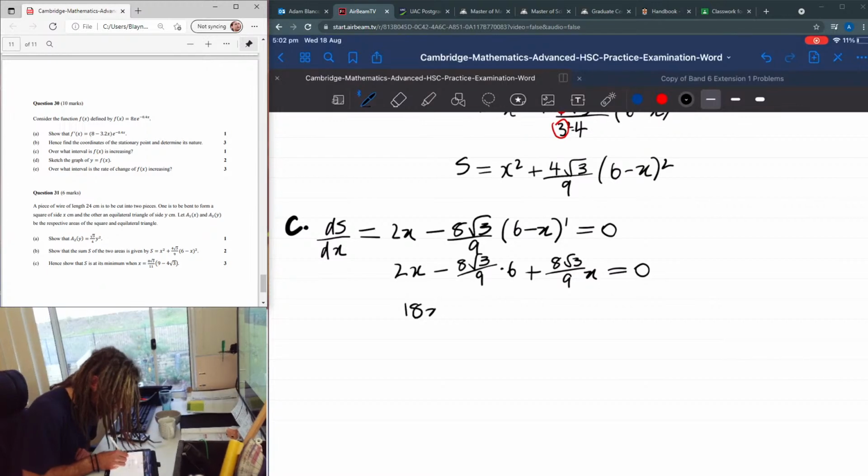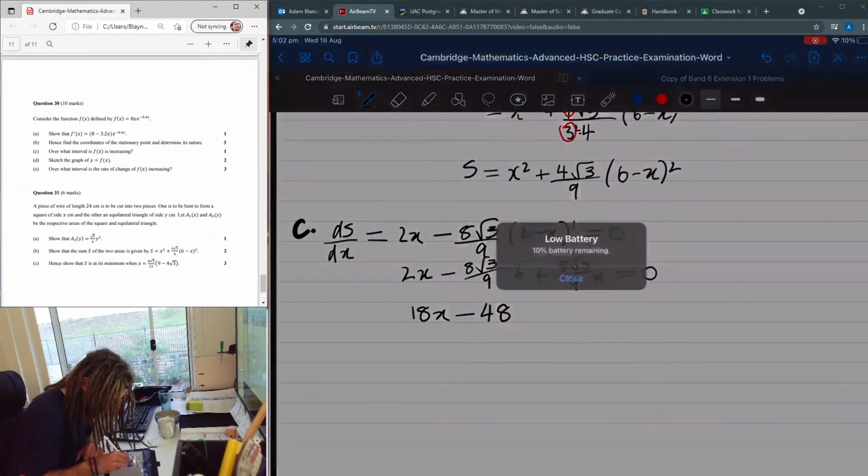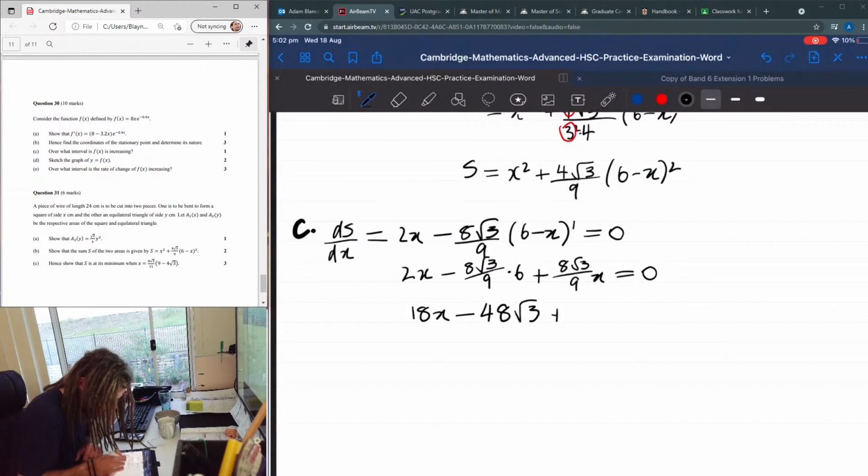So 18x minus 8 root, no, what's 8 times 6? Oh my god, 56? Because 8 times 7 is... I seriously don't know what 8 times 6 is. 48. 48 root 3 plus 8 root 3x equals 0.